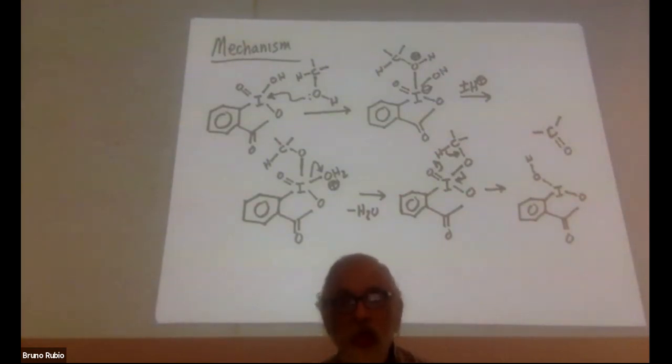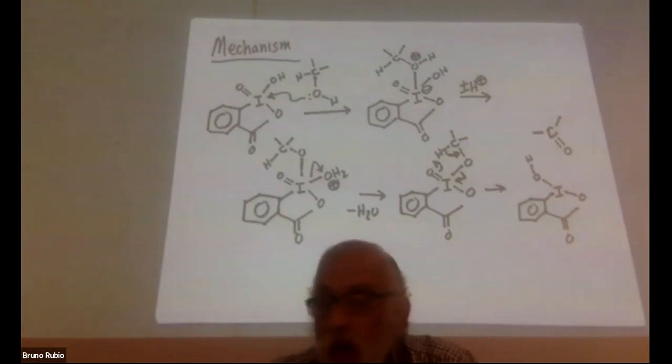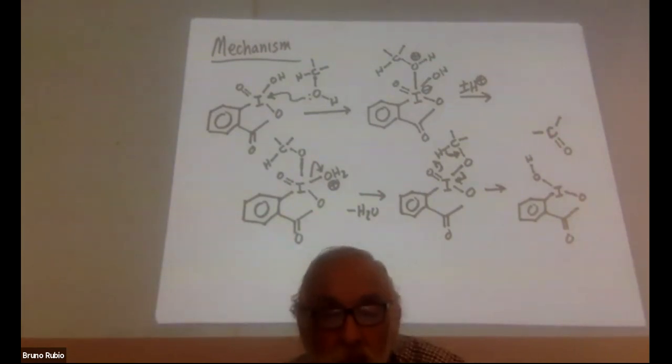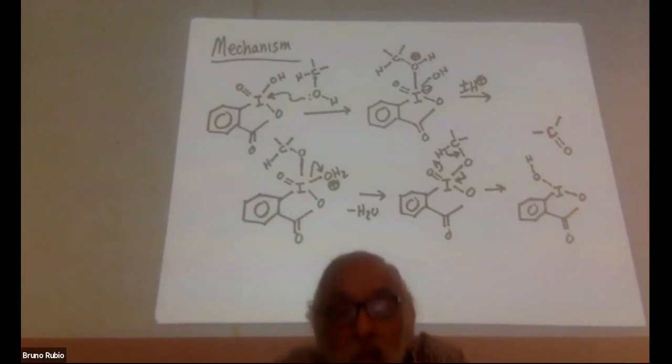Okay, so this is another method of oxidation, and in order to not have to use the toxic heavy metals, there have been many other reagents devised that can oxidize an alcohol without those toxic heavy metals.